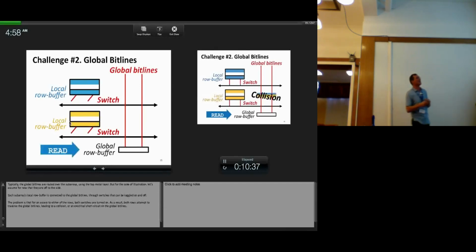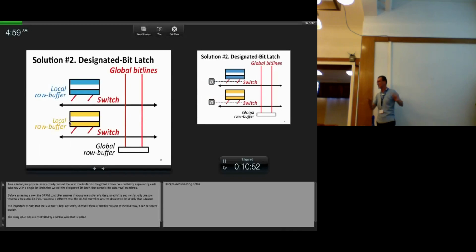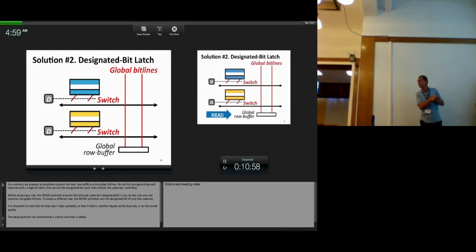Today, there's no control on the switch. When you do a read, both of these data get connected to the global bit lines. As a result, you get a short circuit, a collision. Basically, you get garbage data out. The idea is to have a designated bit latch that controls the switch.